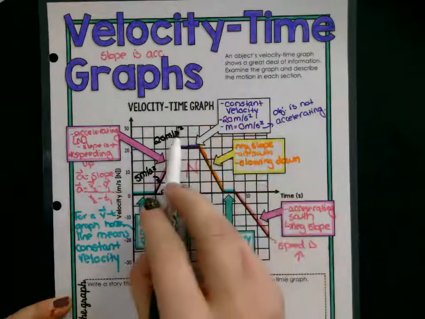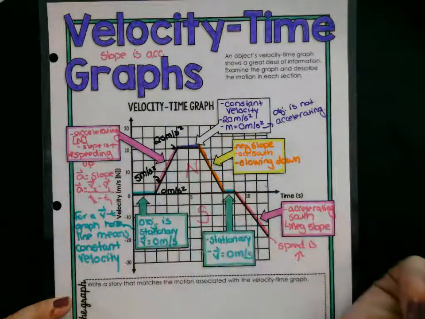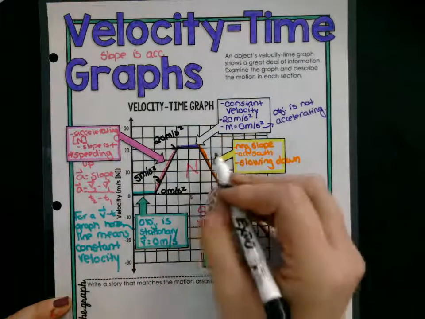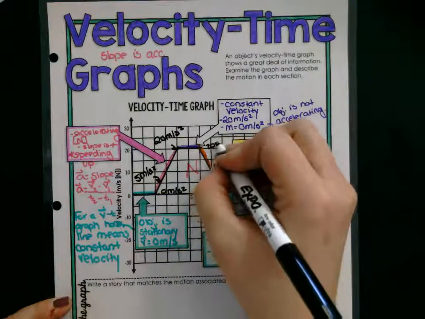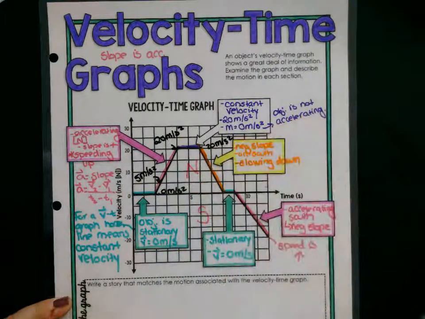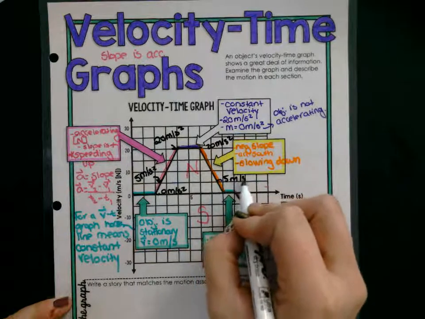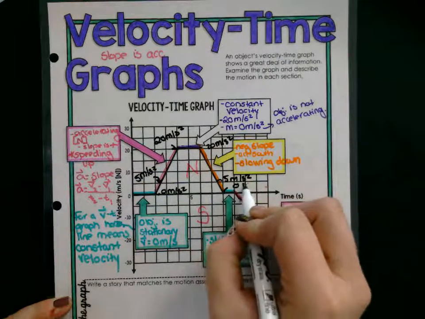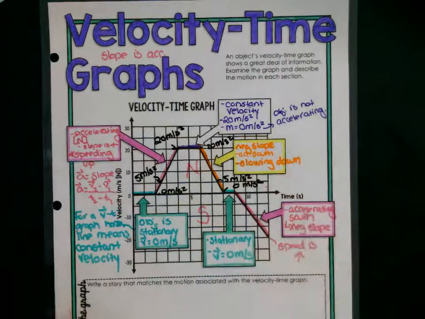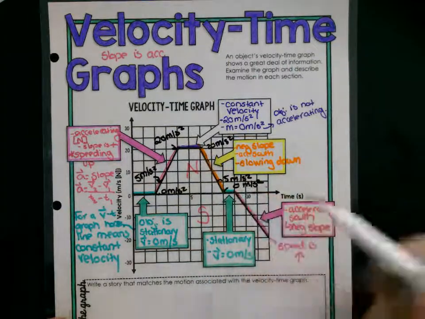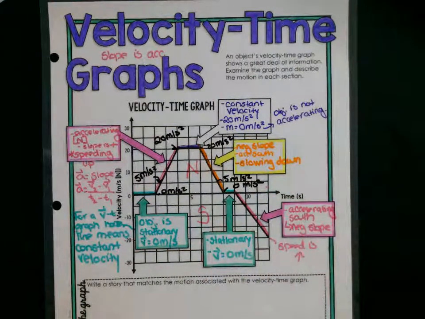So we definitely sped up right there. We got faster. If we look over here, our velocity is 20 meters per second. Again, right here, it's 5 meters per second, and it's 0 when we reach the axis. So 20 going to 5, that's slowing down.